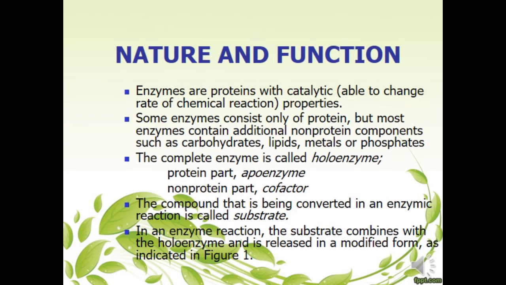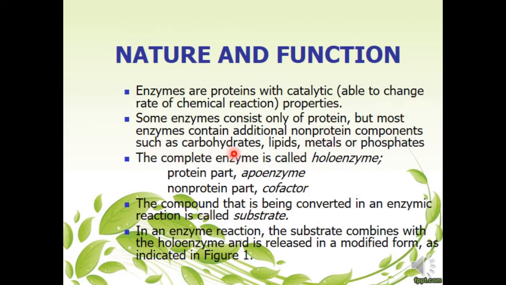So enzyme is categorized as protein. You can say all enzymes are protein, but not all proteins are enzymes. Some enzymes consist of only protein, but most have additional non-protein components such as carbohydrate, lipid, metal or phosphate.